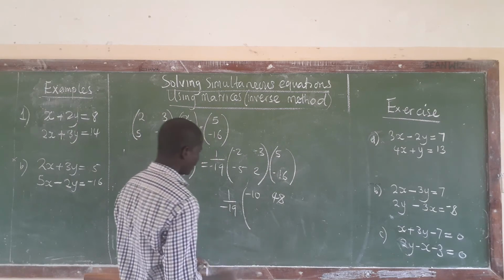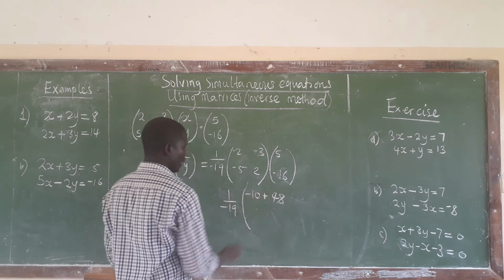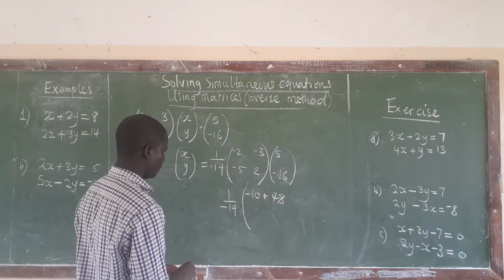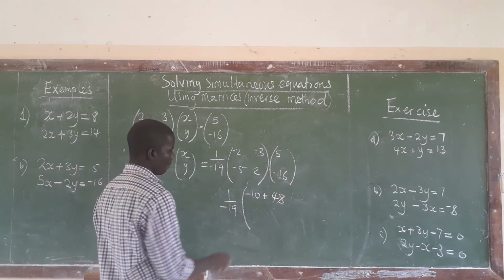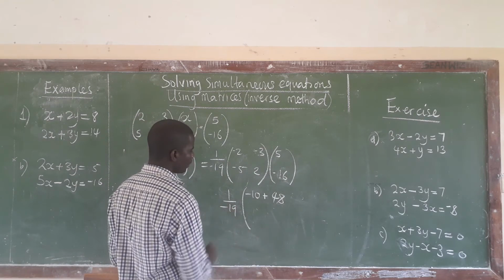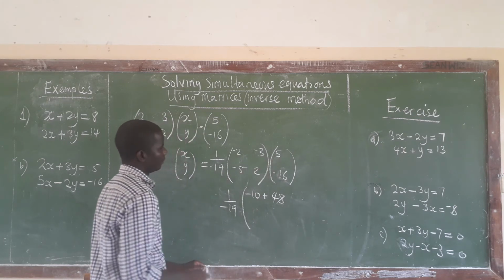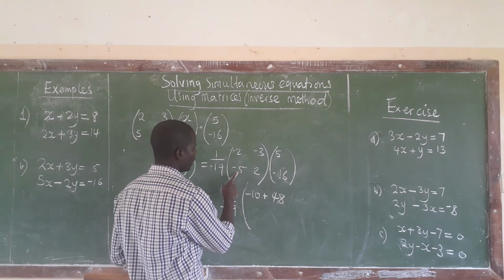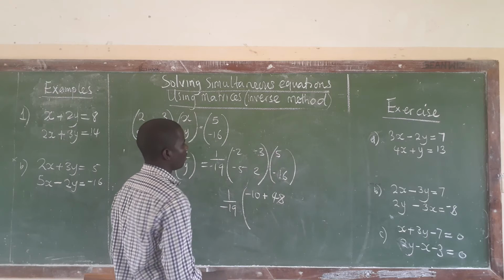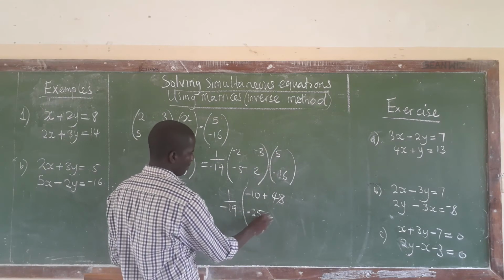Then, from this point now, take note that we have a plus here. We need to come to the second part and say negative 5 multiplied by 5, we get negative 25.